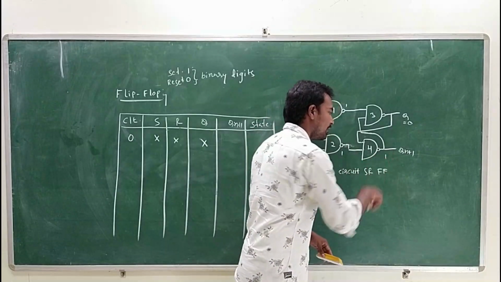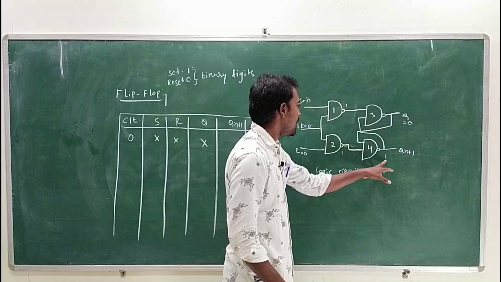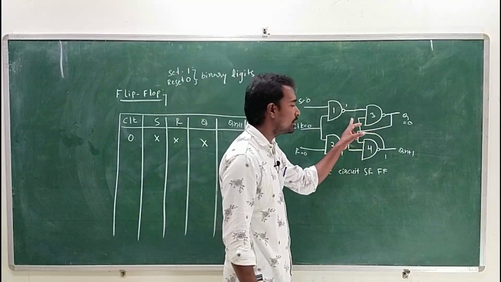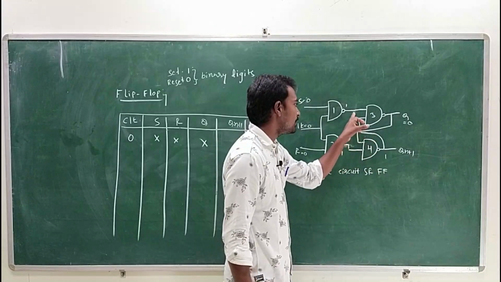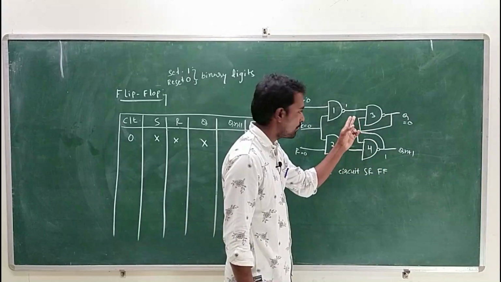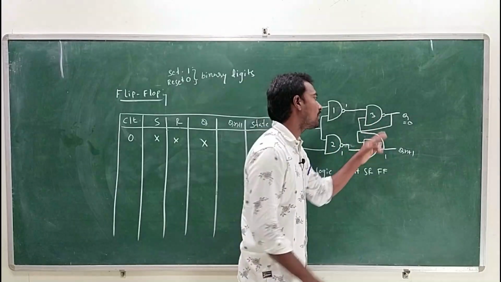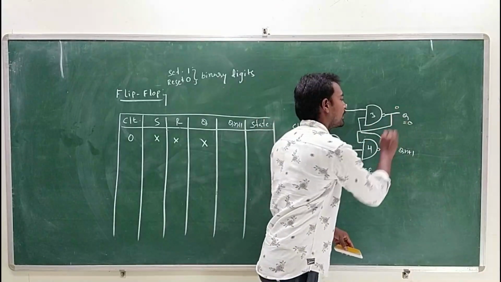So here we are getting the output equal to 1, and this input is reconnected to the third NAND gate. Okay, 1 cross 1 is equal to 1, and 1 cross 1 is equal to 1, 1 complement, here we are getting 0.